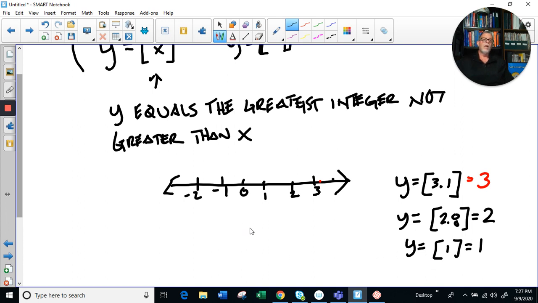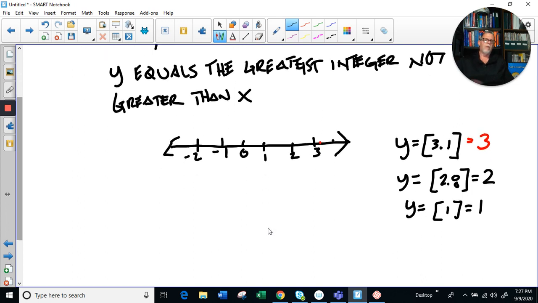Same vein, let's do y equals greatest integer not greater than negative 1.2. So think again. Look at where it would be on the number line. In which direction do we go? Right, we go to the left. Negative 1.2 is somewhere around here, and we're going left.